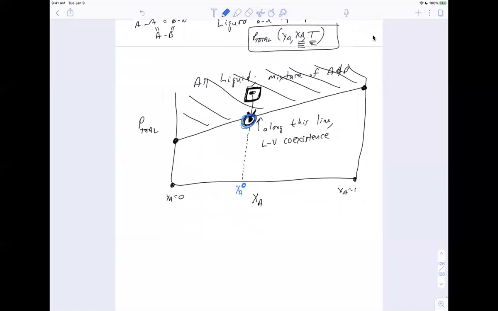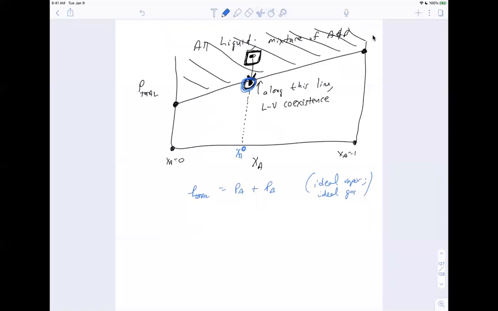I just recall that we have an ideal gas and an ideal liquid. So in that case, P total is going to equal the partial pressure of A plus the partial pressure of B. This is because we have ideal vapor, ideal gas. And because we have ideal liquid, we can use Raoult's law, which is this relationship.